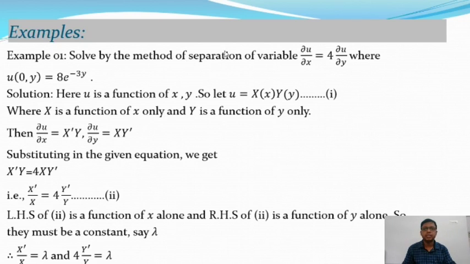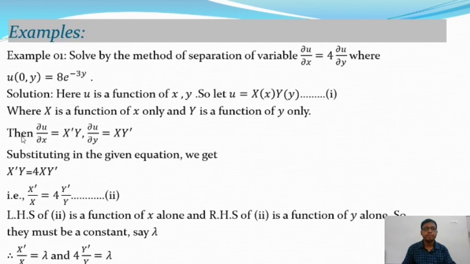So we will solve this given partial differential equation with the boundary condition by the method of separation of variables. Here u is a function of x, y, so that u is equal to X(x) Y(y), where X is a function of x only and Y is a function of y only.